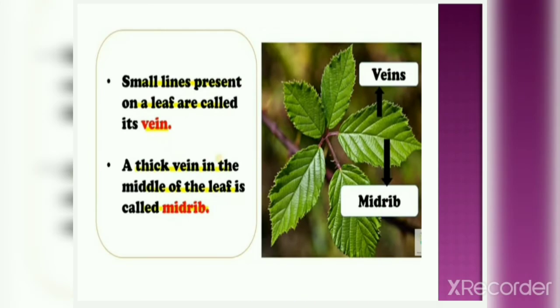Now these small lines present on a leaf are called veins, and a thick vein in the middle of the leaf is called the midrib.